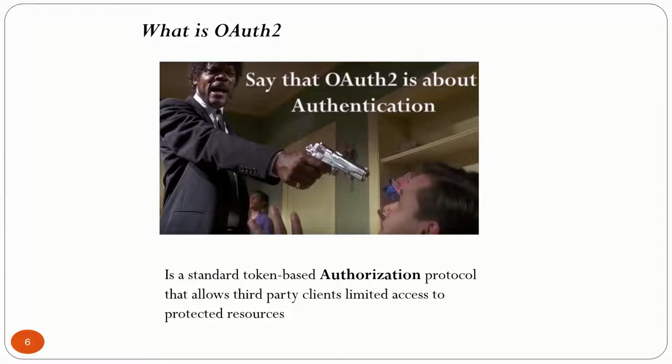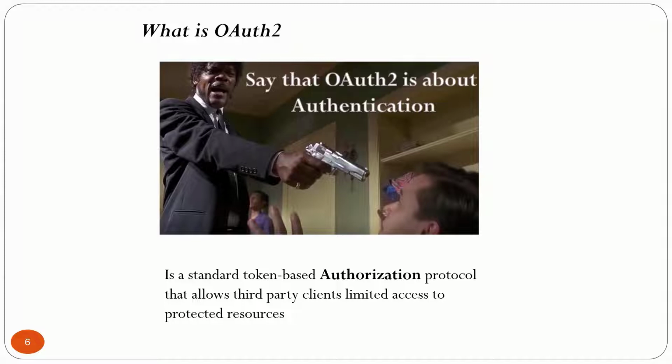We'll see later in this speech that OAuth2 introduced some concepts, for example the access token. Having this access token, you become authorized to use specific APIs and so on. But we will see this later.